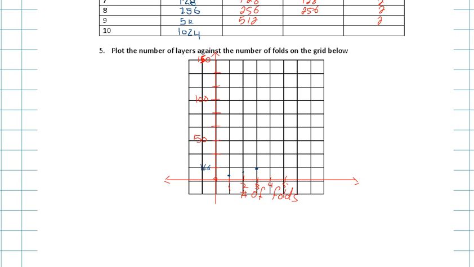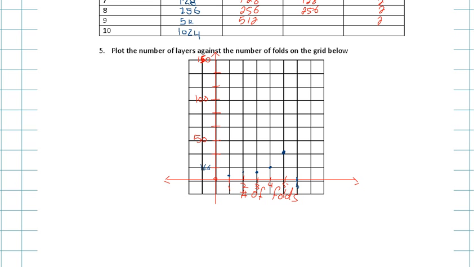If I have 4 folds, I had 16. If I had 5, I had 32. 6, I had 64.